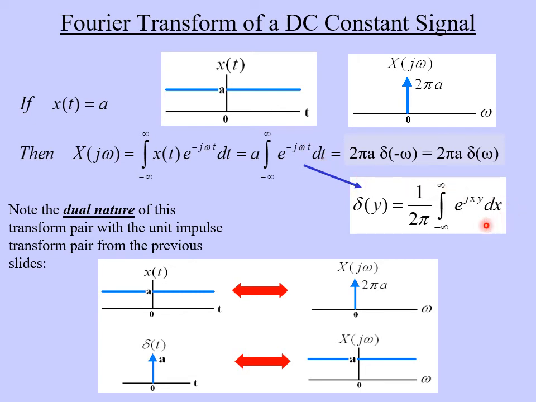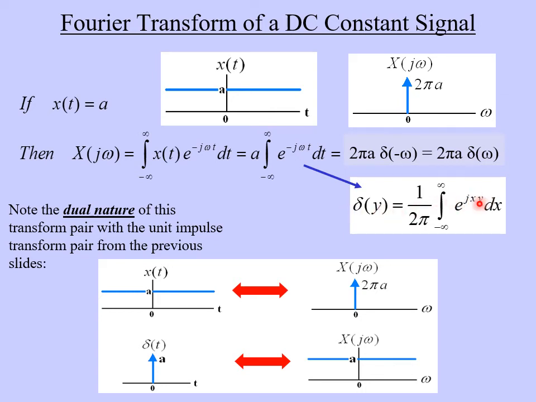Well, we use this result here to evaluate the integral. Notice that this integral here, if we let x equal t, and if we let y equal omega, then we get this integral. Remember this 1 over 2 pi? You can move the 2 pi in front of the delta sign, right? So in other words, 2 pi delta y is equal to this integral here.